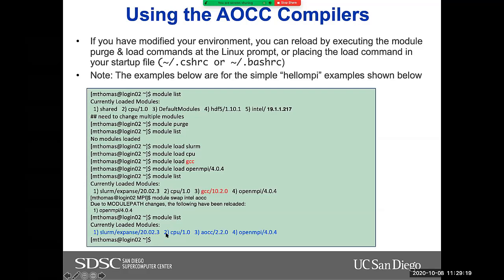And now I have AOCC and the correct OpenMPI version associated with AOCC. So you can see this nice fluidity between making changes and getting the right modules as a result, instead of having to figure them all out. And you might want to record that that's the version you want as you go along.